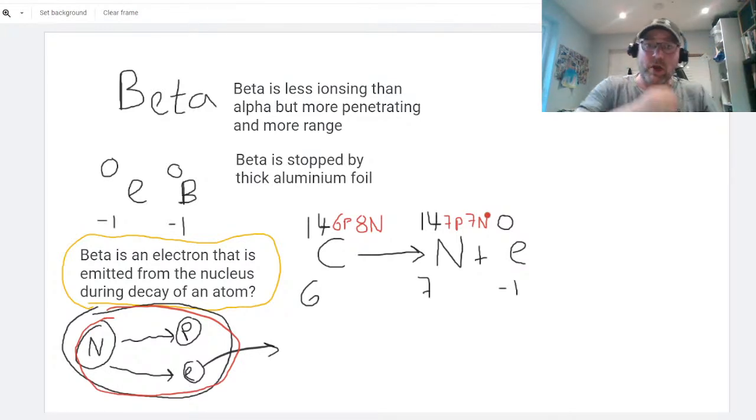It gained a proton, lost a neutron, and chucked out an electron, and that's beta decay. You may be asked to explain what's happening in the nucleus during beta decay, and if that's the case, you're going to smash it because you're going to say, well, one neutron split into a proton and emitted an electron. The mass number didn't change, but the proton number did, or atomic number did. Right, let's move on.